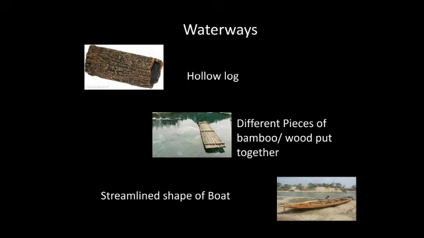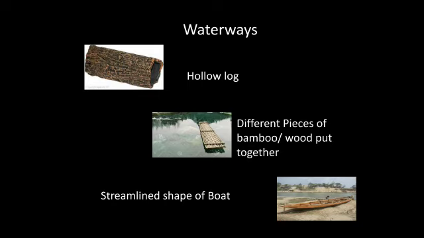Then they realized they can give their boat a specific shape called streamlined shape. See the third picture. This shape was imitated, copied from the shape of the water animal. Streamlined means what? It means a conical shape from the front side, the side they were supposed to move.